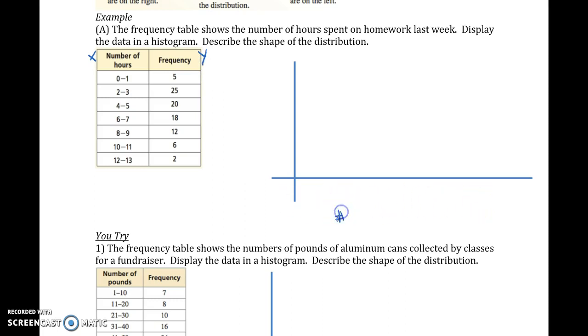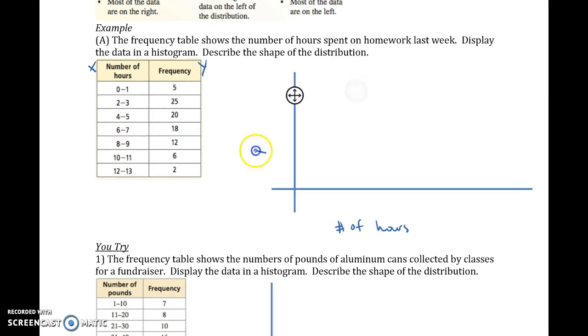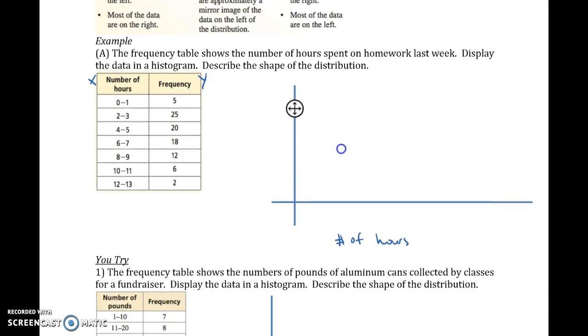So this is number of hours, and this on the Y is the frequency. And then you'll also want to name your histogram, so we want to put a title on this thing.